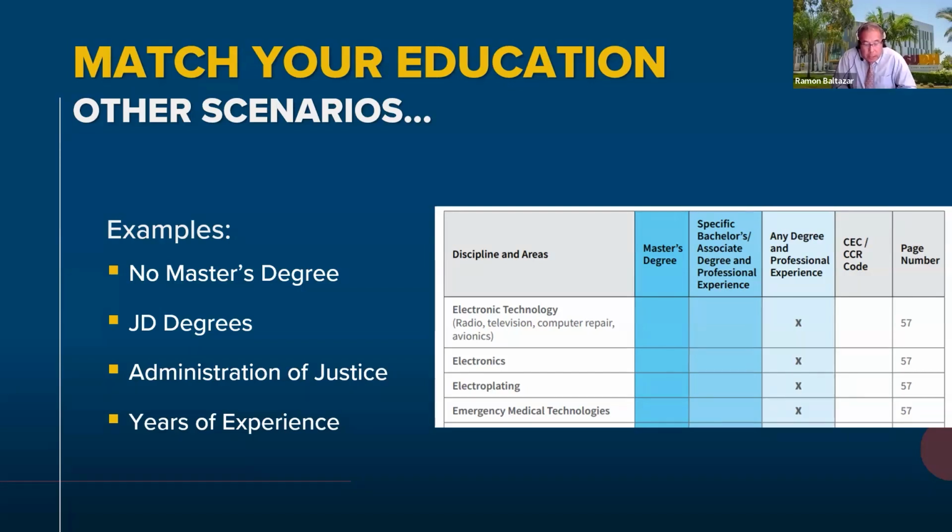On page 60 in the MQ handbook, disciplines requiring any degree plus professional experience: any bachelor's degree and 2 years professional experience in the discipline, bachelor's and 2. Any associate's degree and 6 years professional experience in the discipline, associate's and 6. We know individuals may have specific questions in these areas regarding their own background and experience. Please reference the information kit for which instructor is best suited to address your question.